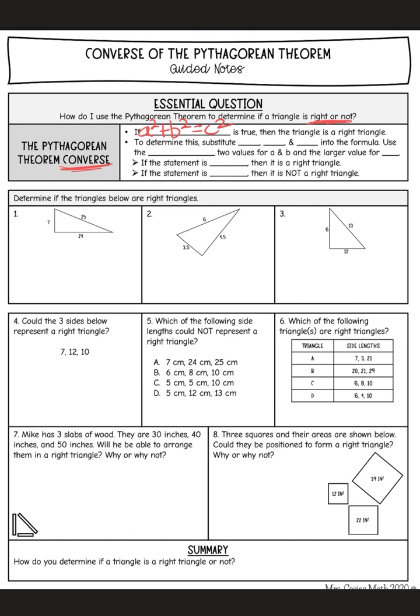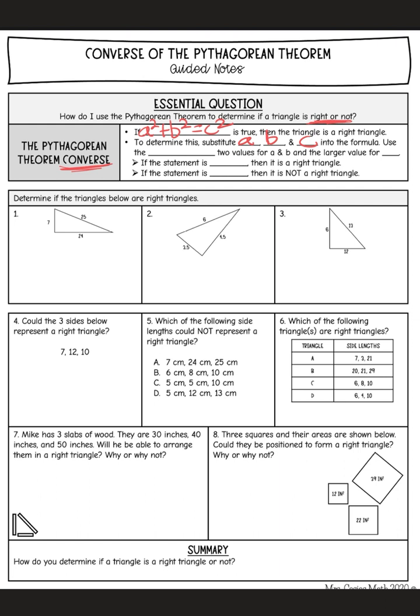To determine this, you have to substitute the values for a, b, and c into the formula, whatever value for a, whatever value for b, whatever value for c. That's what you've been doing for a week or two now. You're good.